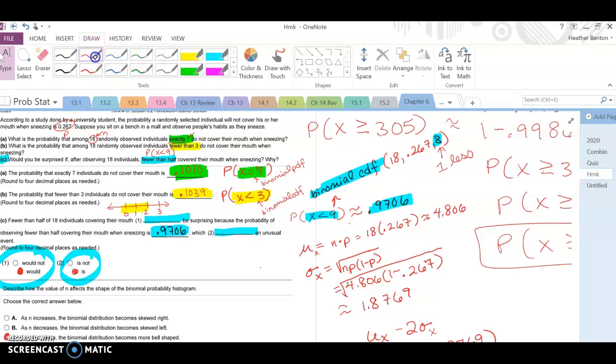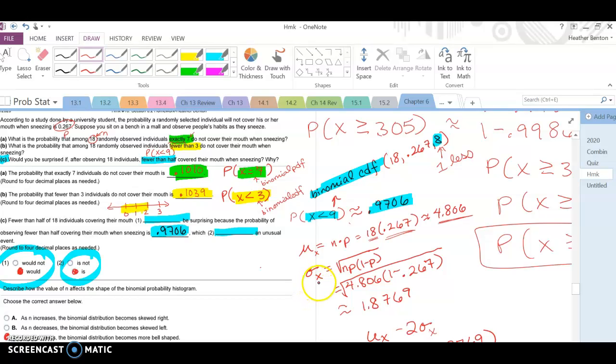Here's our formula for the mean. It's the expected value, is what we call this sometimes. It's the number of trials times the probability. So we have 18 as our number of trials, 0.267. We would expect out of 18 people with a probability of 0.267 that 4.8 of those people would not cover their mouth when they sneeze.